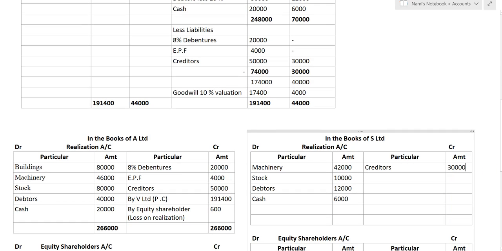Right, creditors 30,000. After that we have to write the purchase consideration, at what value V Limited has taken S Limited. So this entry will be of PC, purchase consideration, at rupees 44,000 it has taken.